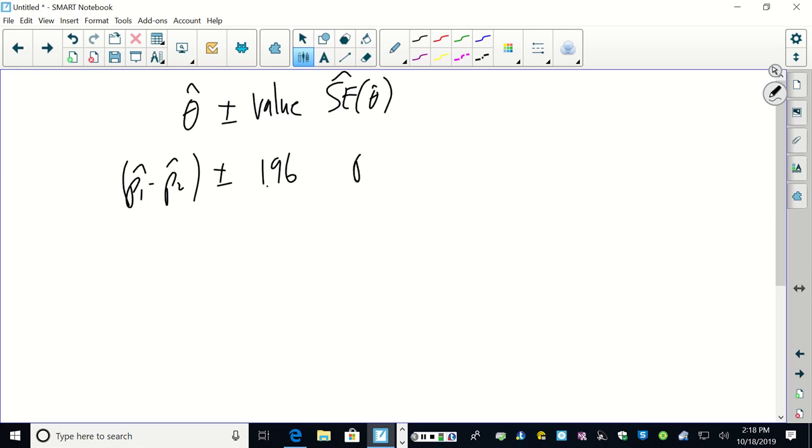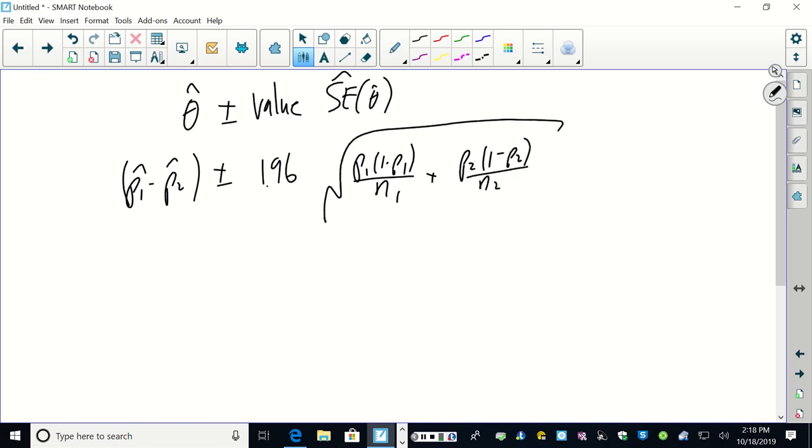And so P1 times 1 minus P1 over N1, P2 times 1 minus P2 over N2, the square root of all that, and because we don't know them, we're going to put in these estimated proportions there. So it kind of looks like our other location family, pivot-based confidence intervals, and again, it should work pretty well.